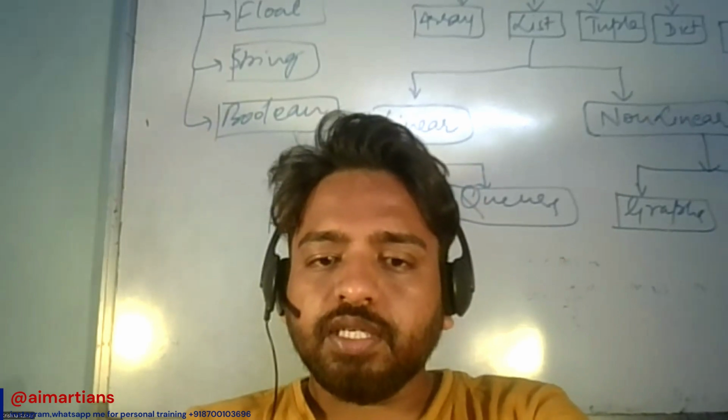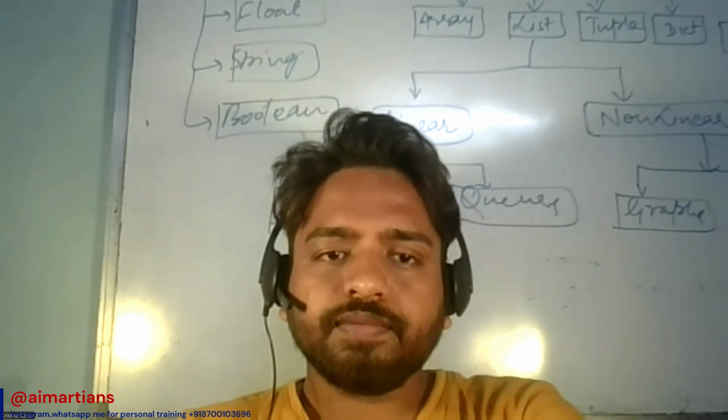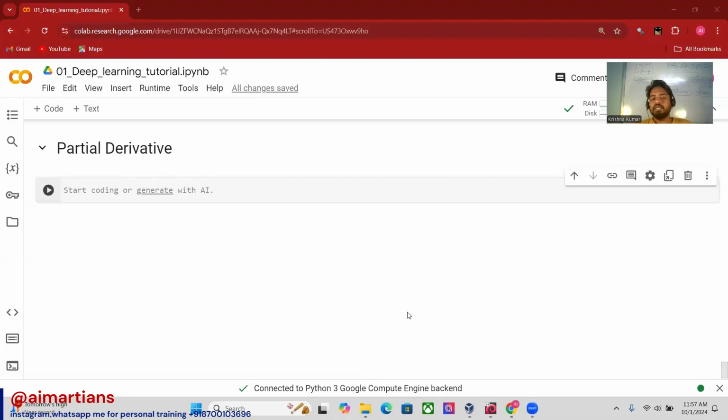So let me show you that. Let's go to the Google Colab sheet because I have to draw something on the board. Partial derivative is a simple concept. Let's say you have a graph like this.